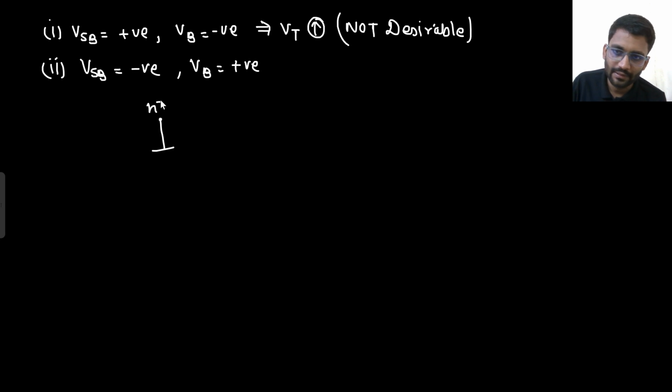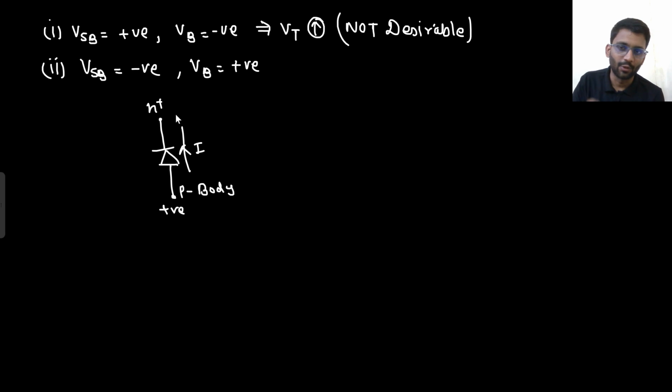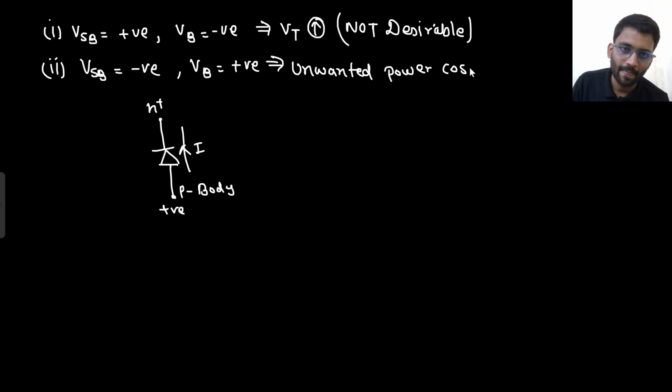This is N plus, and this is the P substrate body, and this is at positive. So it will drive some current, and because of this current, there will be unwanted power consumption. And this is also not desirable.